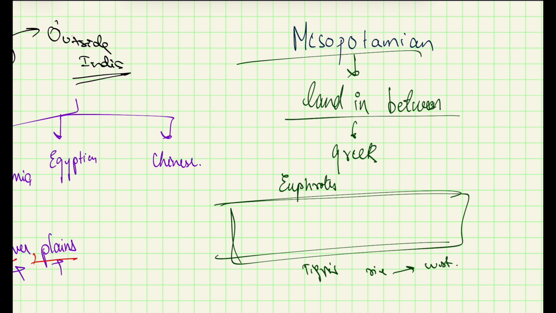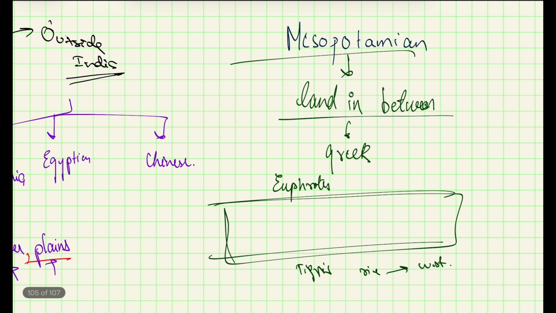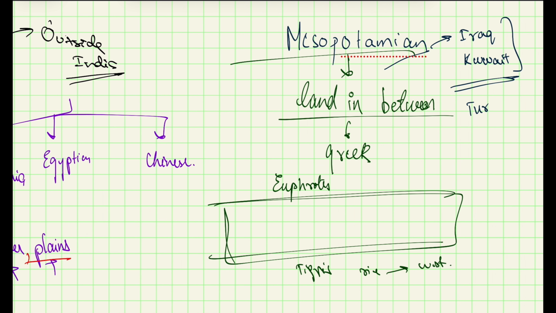So this Mesopotamian civilization, where is it actually at the present age? It mainly includes Iraq and Kuwait. These are the present day places which the Mesopotamian civilization includes, and it also includes some parts of Turkey and southwestern Iran as well.